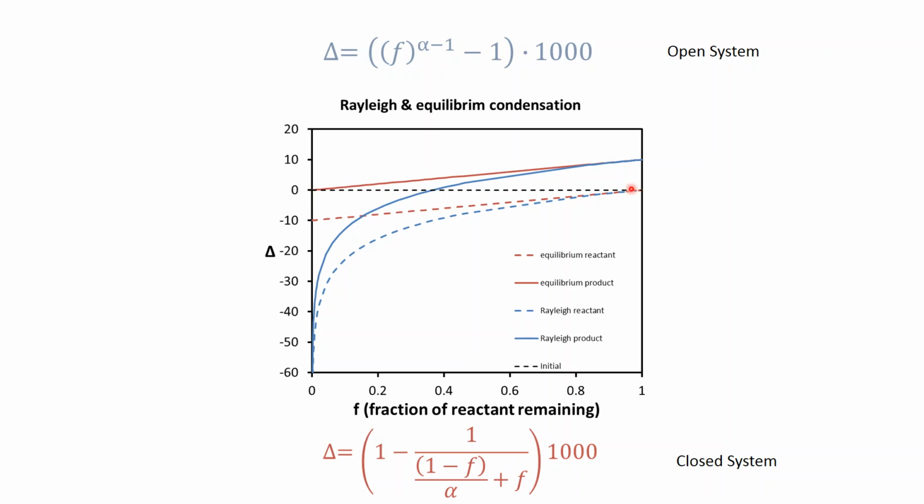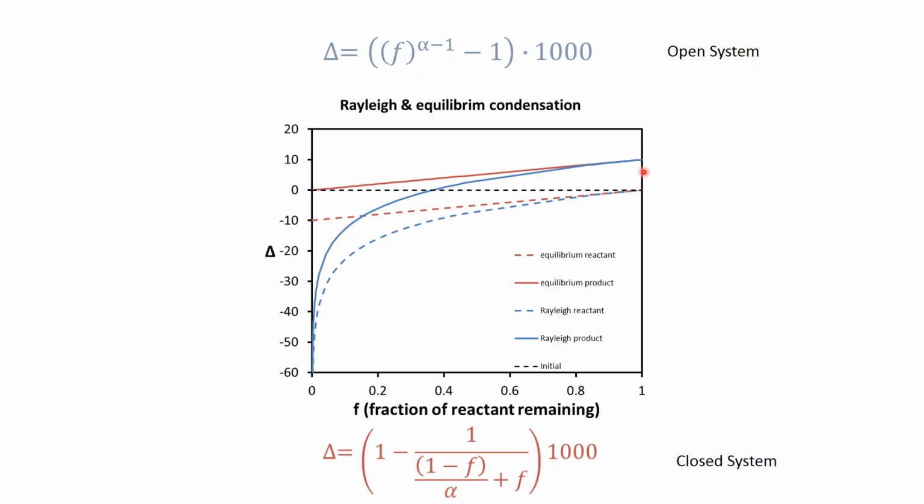Because if you start with all of the heavy isotopes and all the light isotopes, if you condense that all out, then you must end where you started, because you haven't lost or gained any isotopes. So this is what the red lines on here represent. At any one point, the condensate would be of this composition, and the water vapor remaining would be of this composition.